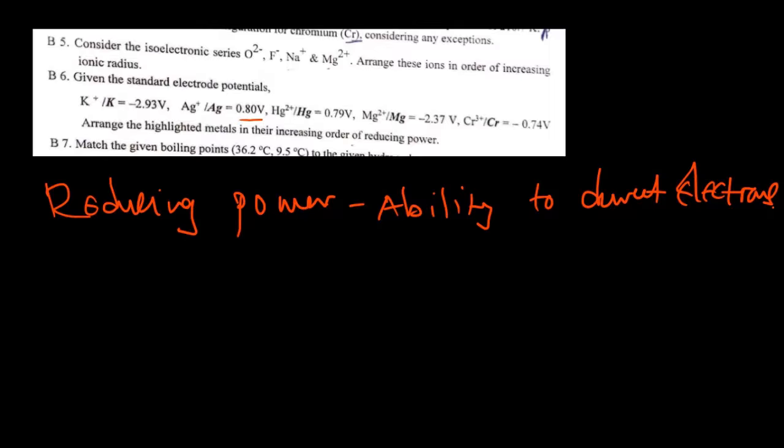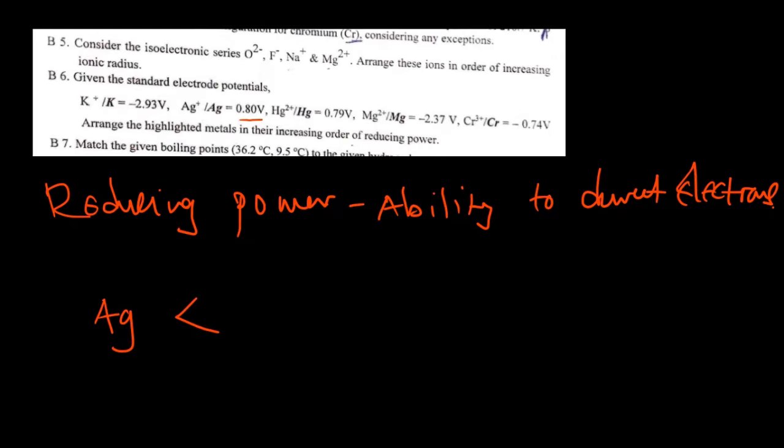So we're going to say silver is the highest, and then this silver will be less than the one that follows, which has a slightly smaller value than the standard electrode potential for silver.